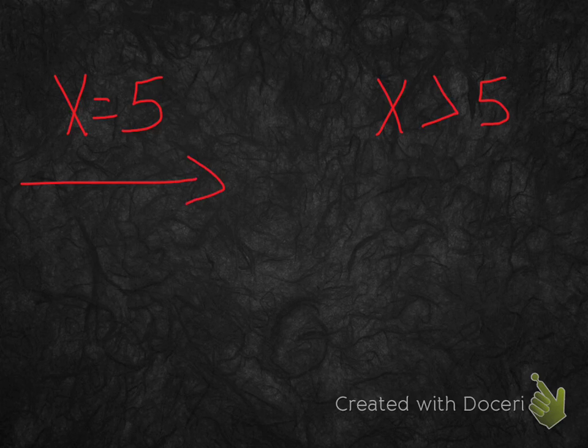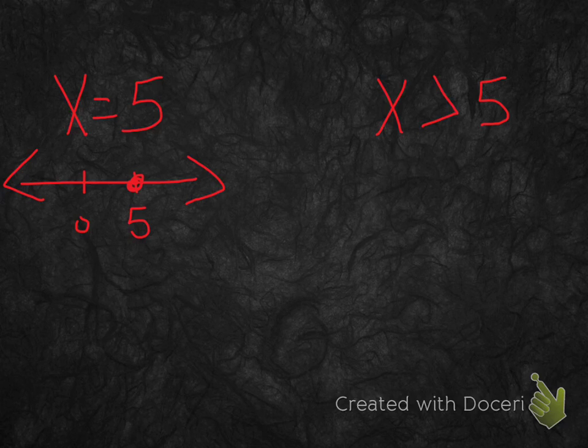So let's recap real quick. What did we figure out? We figured out that inequalities are really similar to equations, with a major difference in two things. How you express the solution, for example, x is equal to 5, or let's say x is greater than 5. X is equal to 5 would be graphed like this.